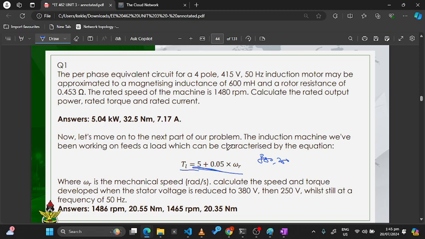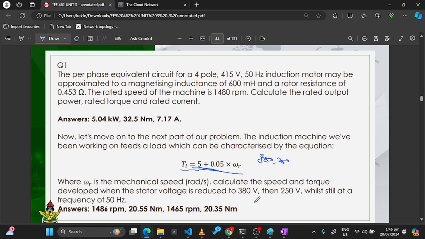The per phase equivalent circuit of a 4 pole, 415 volts, 50 hertz induction motor may be approximated to a magnetizing inductance of 600 millihenries, a rotor resistance of 0.453 ohms. The rated speed of the machine is 1480 revolutions per minute. Calculate the rated output power, the rated torque, and the rated current.